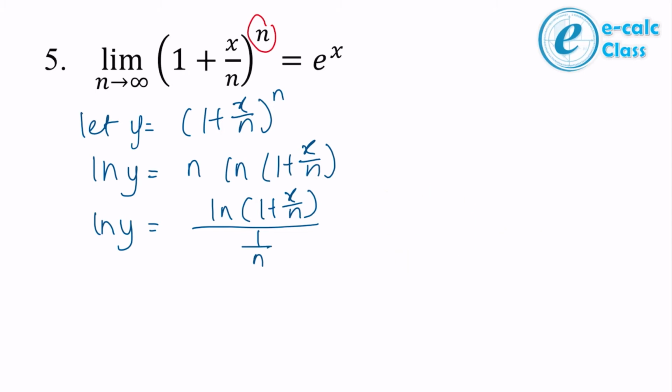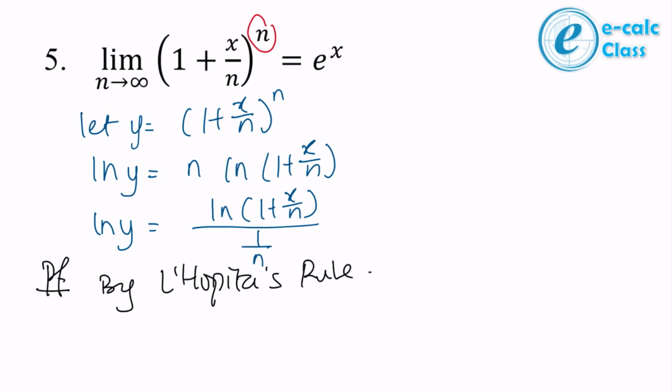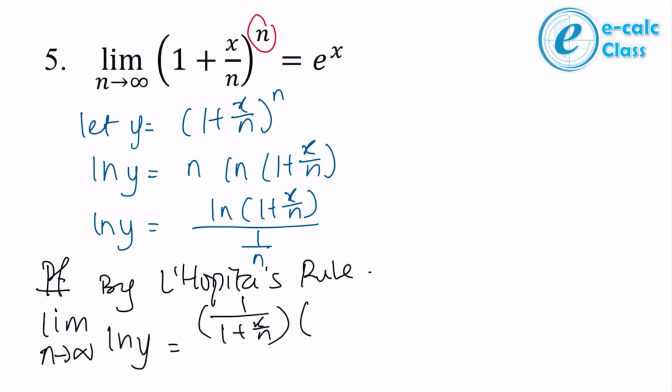Now I'm going to get the proof here. By L'Hopital's rule, the limit as n approaches infinity of ln y is: you differentiate the top. You differentiate ln, and inside you have a function in terms of n, so be very careful. It will be 1 over 1 plus x over n, since x is a constant. Then you differentiate the inside function, which is negative x over n squared. Then you differentiate the bottom, which is negative 1 over n squared, being careful because you are differentiating with respect to n.